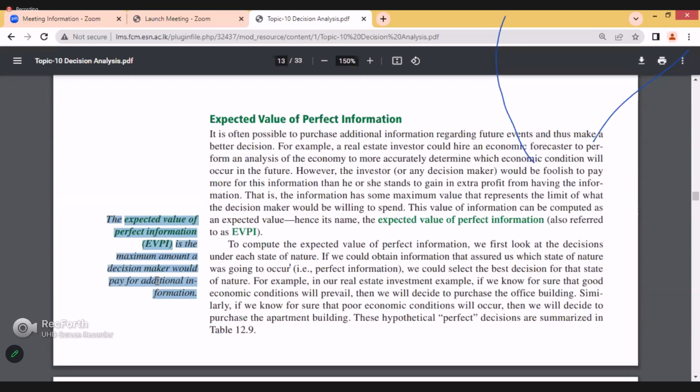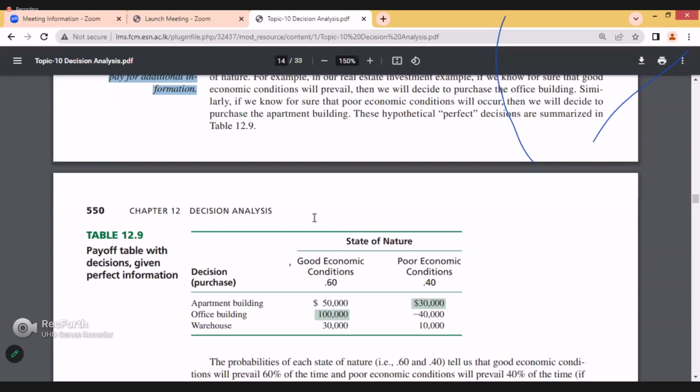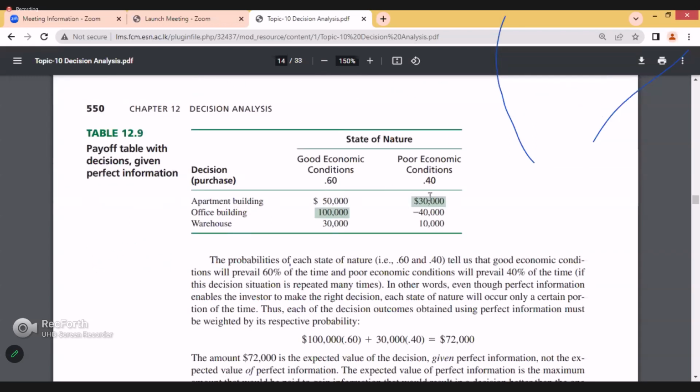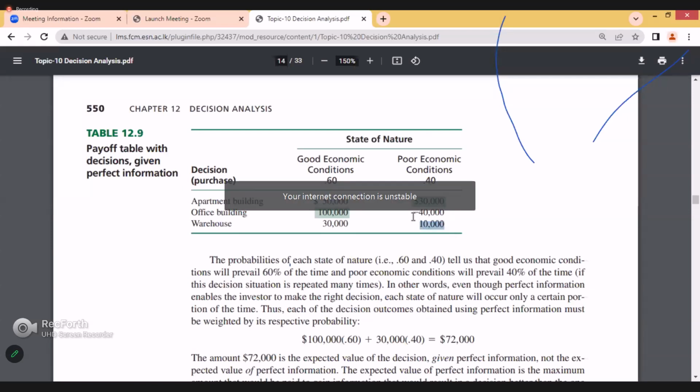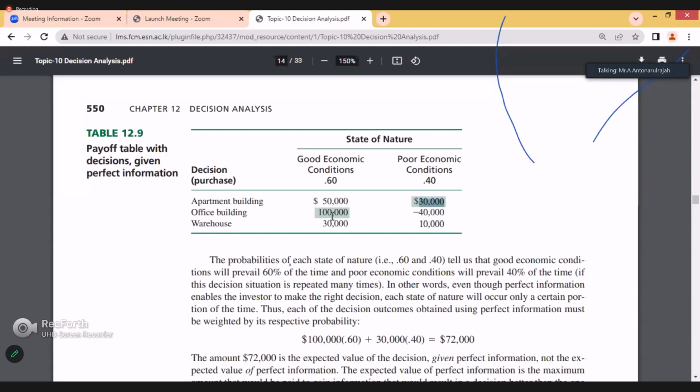The table solution is given for perfect information. This is 60,000. Here, apartment buildings, that is the lowest one. This is the best one, 30,000. Here, best one is 1 lakh.